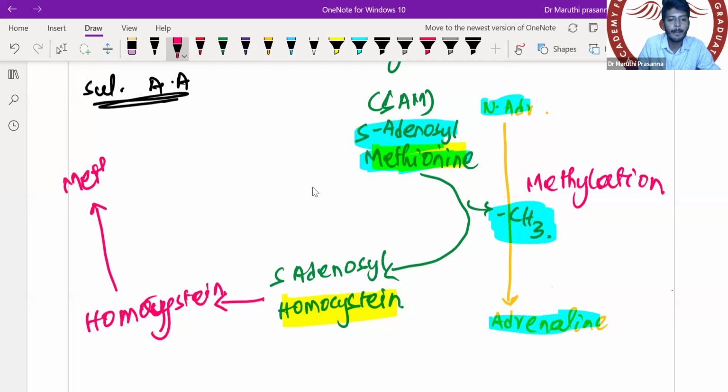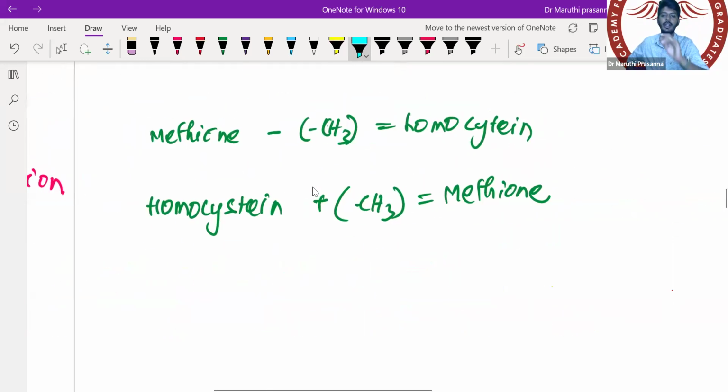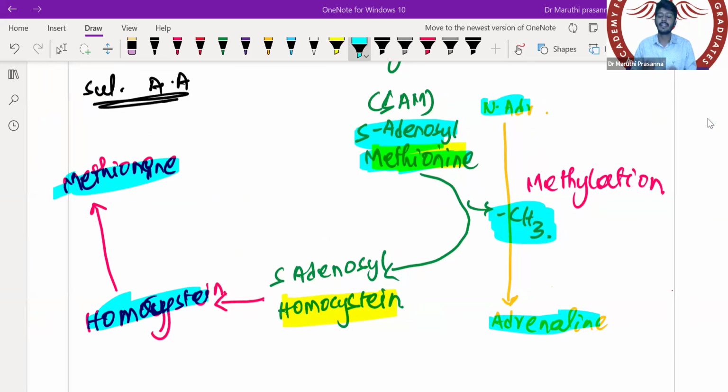So if I want to form methionine from homocysteine, what group do I need to add? What is required for addition to homocysteine? What do I have to add so that it becomes methionine? होमोसिस्टीन के अंदर मैं कौन सी चीज ऐड करना चाहिए ताकि वो मेथियोनिन बन सके?